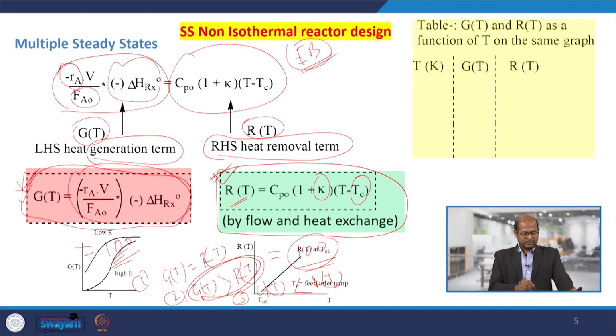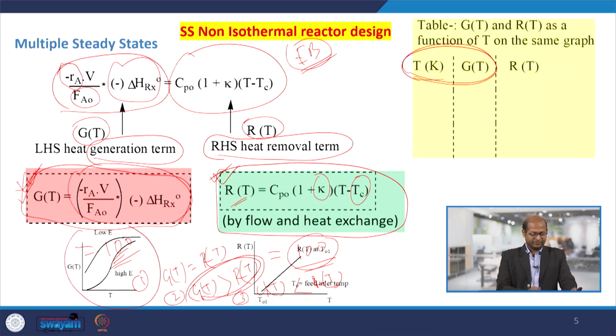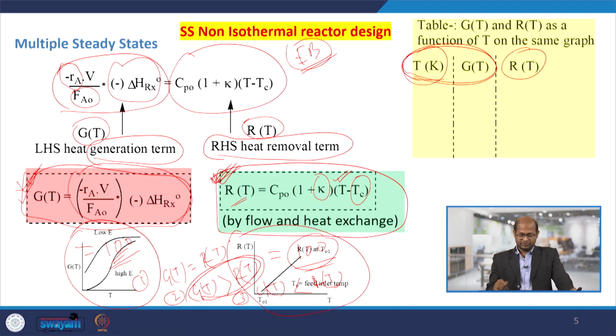So, let us say we make a table of heat generation and removal with respect to temperature. Considering this, heat generation against temperature, this type of curve may come. And if we plot R(T) against temperature, how does it vary? This type of curve also will come.